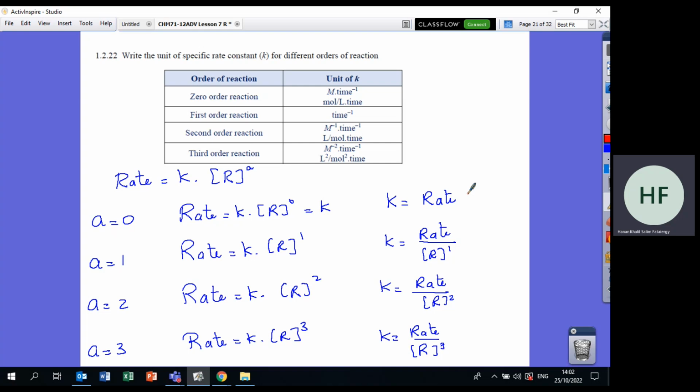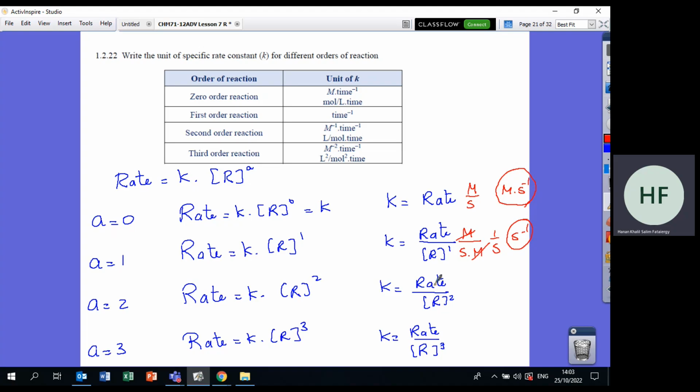The unit of the rate, speed, is molarity per second. So if the order is 0, the unit is molarity per second. Sometimes they bring this up, so it will be M times s power minus 1. Now here the rate is M over s and the concentration is M. M will cancel, so what will we have? 1 over s or s power minus 1. Okay, so in the first order, the unit of k is s minus 1.